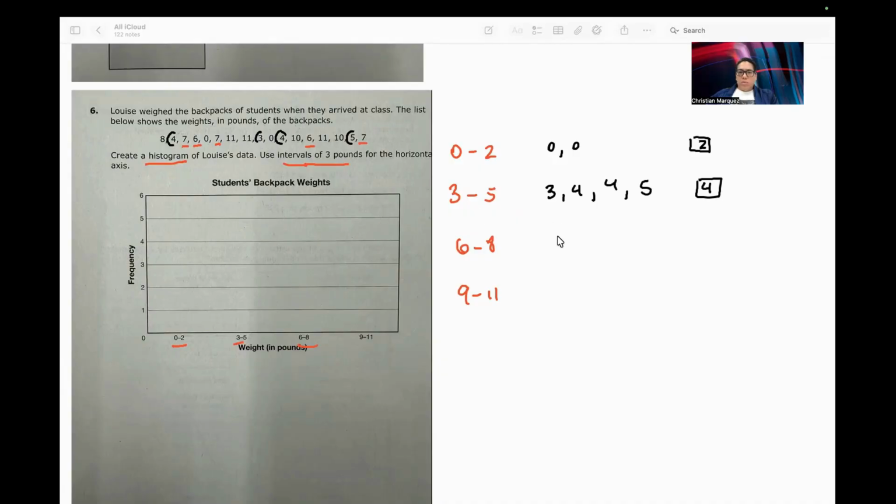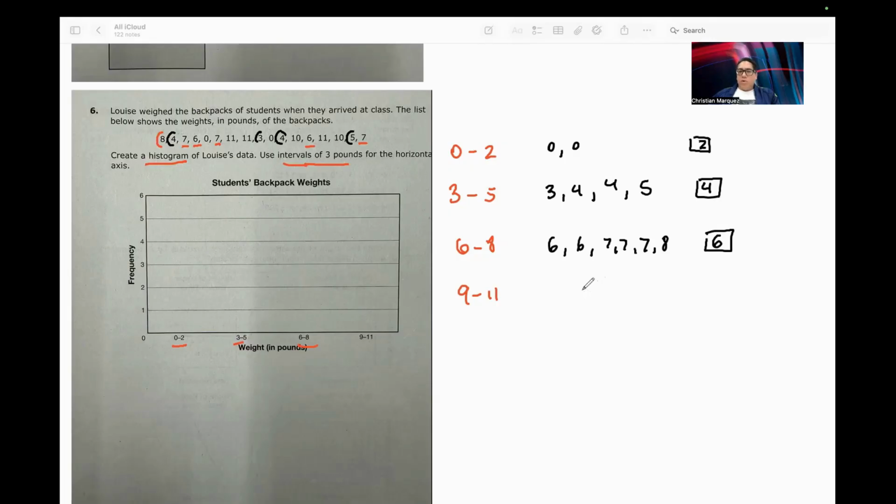You can use a piece of paper to take notes. So you have 6, 6, 7, 7, another 7. And then finally, I have a number 8 in this data as well, which is the first number, right? So in this range, I have 6 numbers, okay?